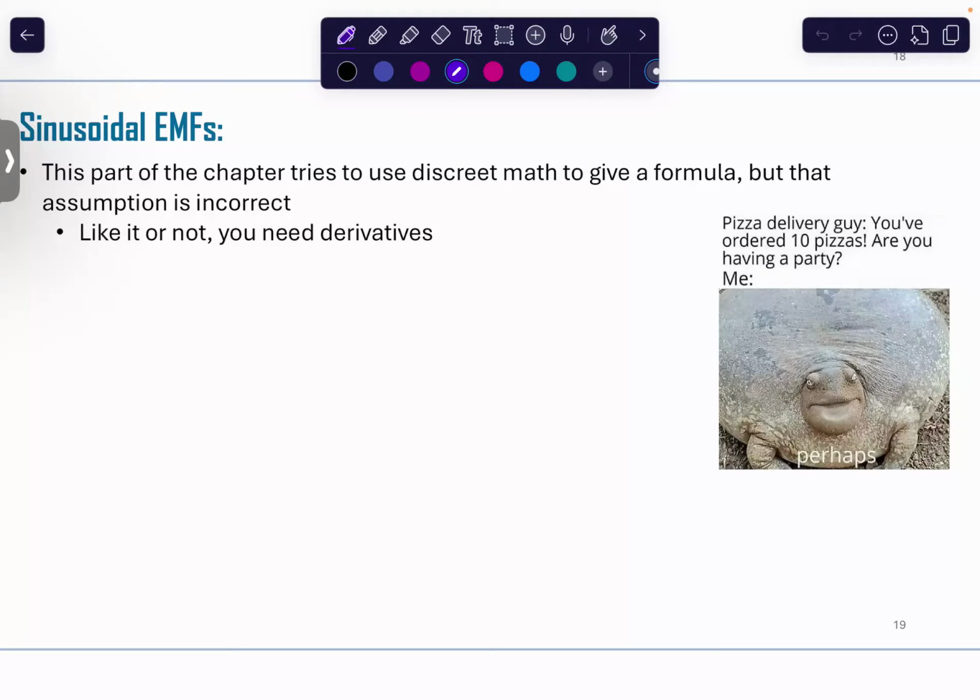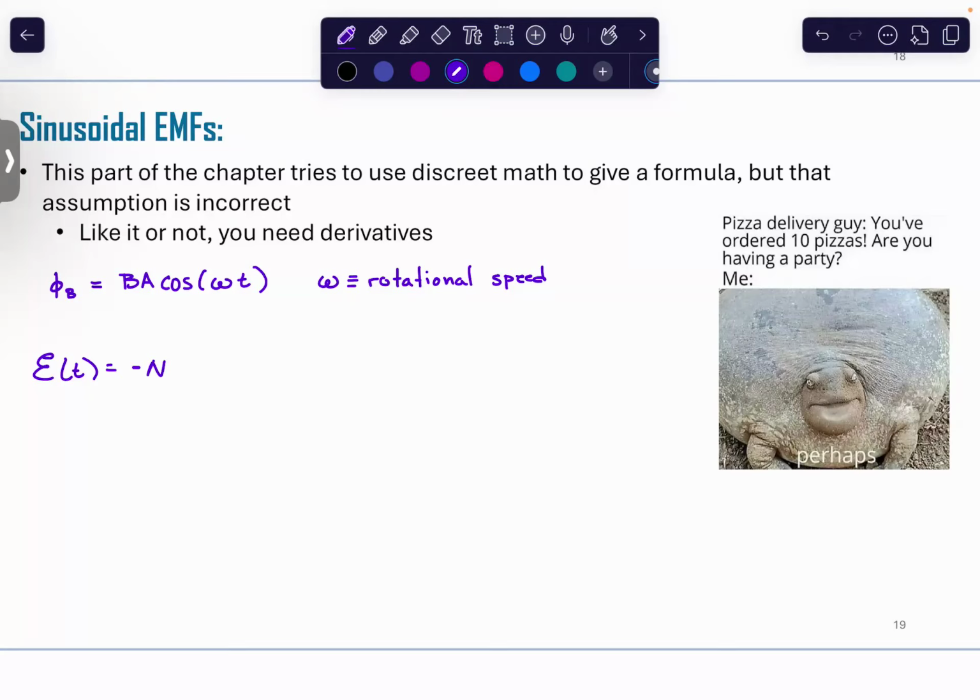Now if we start with, so then our EMF. And yeah, this is one of those places where the book just kind of skips a bunch of steps and goes, here's the equation.